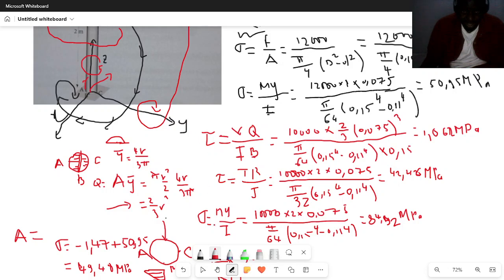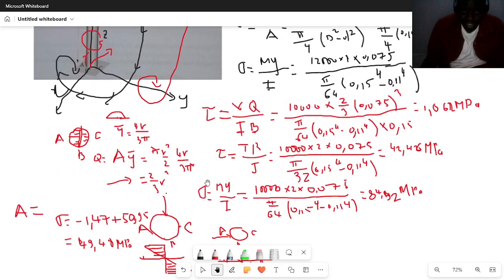Yes it does, because the force creating the shear stress, 10,000, is acting here. Due to that, A will feel the effect of the shear stress.